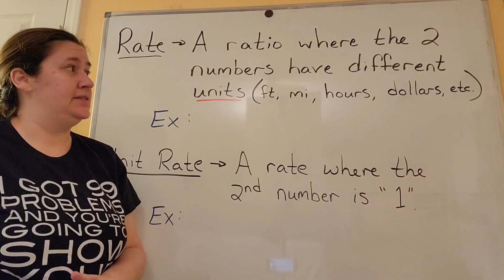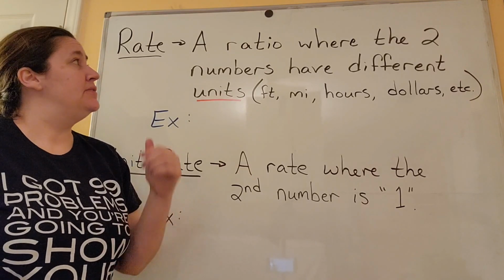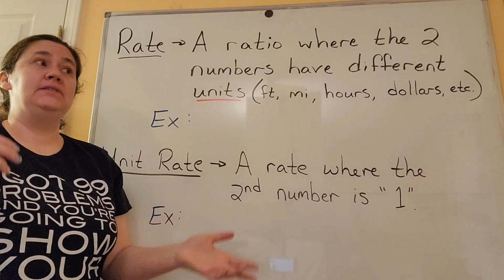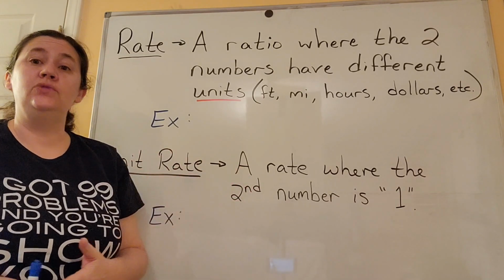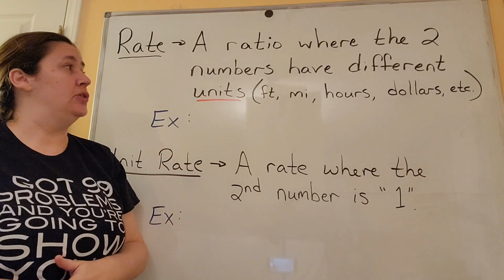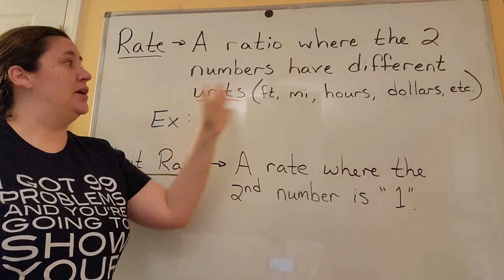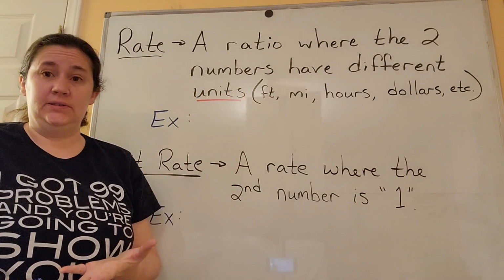That is a rate. So yesterday we learned that a ratio is a comparison of two numbers by division. A rate is a special kind of a ratio, only this time the two numbers will have different units.